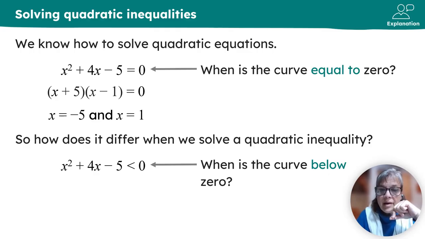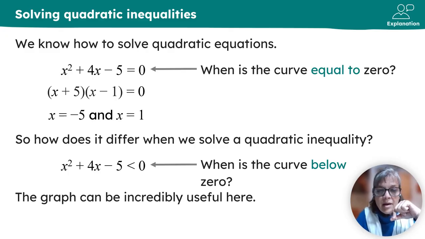So even if you're doing it algebraically, visualizing or having a graph can be incredibly useful. So sometimes it just helps me to sketch and say, okay, I've got here and here, and this is where it would be below the x-axis.